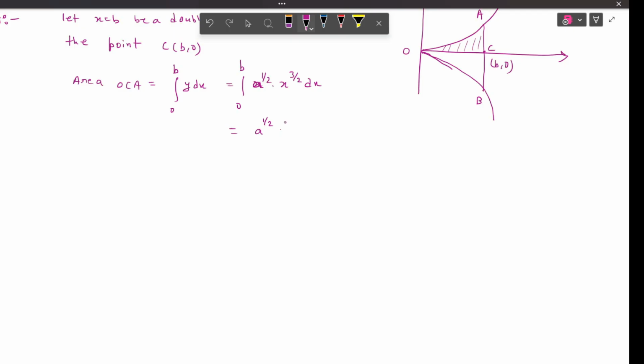So this would be x to the power 3 by 2 plus 1 by 3 by 2 plus 1 from 0 to b. So you will get 5 by 2, that is 2 by 5. So 2 by 5 of a to the power half. And if you put b here, it would be b to the power 5 by 2, and 0 minus 0, that is 0. So this would be b to the power 5 by 2.